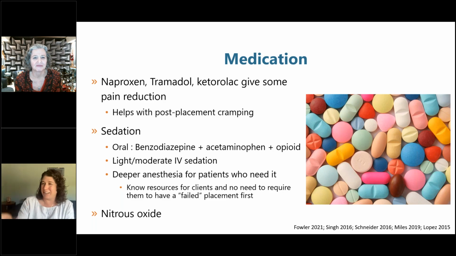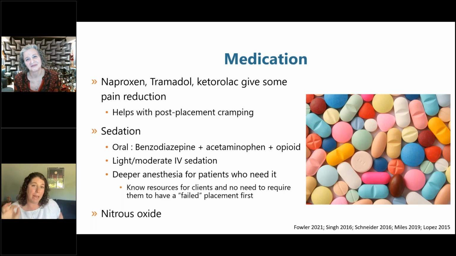So there are a lot of questions in the chat right now about pre-medicating, and so it's a perfect segue to this slide. What we know about medication, other than what we've been talking about with the topical lidocaine, is that for example the NSAIDs, naproxen, or if you have access to ibuprofen, the data is a little more mixed on that one, but if that's what you have, great.